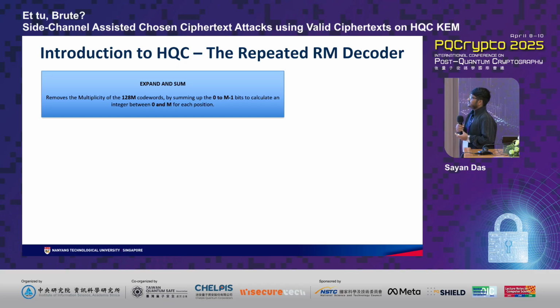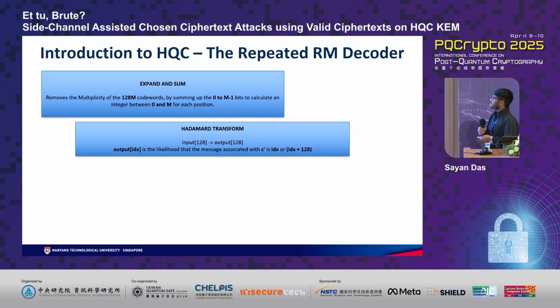So just to look at the decoding process for HQC, which we actually target. The first step is expand and sum. This removes the multiplicity of the 128 m code words, where m is the multiplicity. It sums up 0 to m minus 1 bits for each code word in 128 blocks and comes up with an integer. Next, the Hadamard transform.